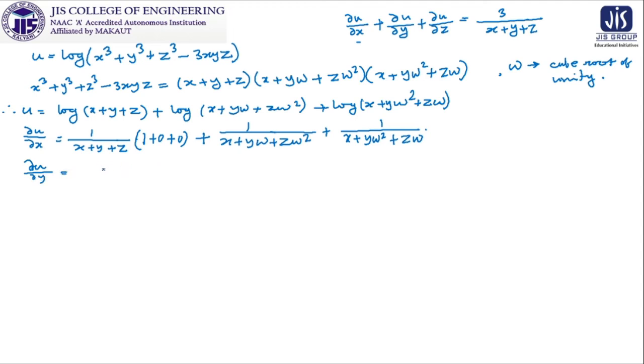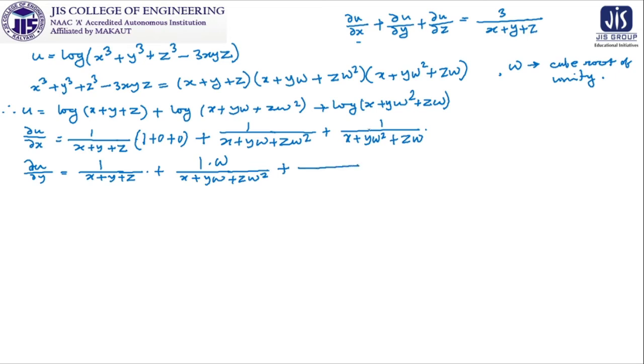In the similar manner, we have to find out del u del y and del u del z. Del u del y will be again 1 by x plus y plus z, into 1 for this y, then plus 1 by x plus y omega plus z omega square. Then you are differentiating x plus y omega plus z omega square with respect to y partially. For the x part the contribution will be 0. For the y omega part the contribution will be omega, and for the z omega square part it will be again 0.